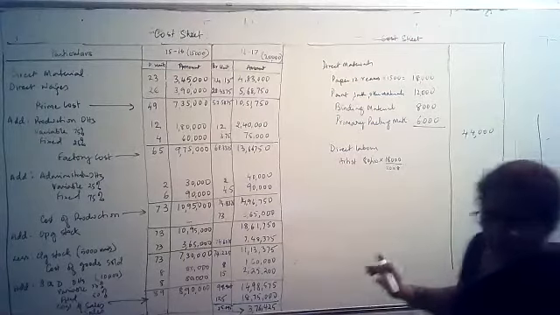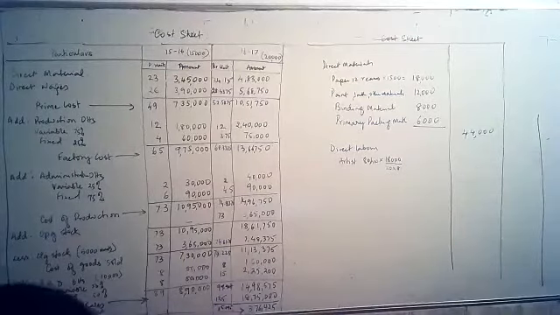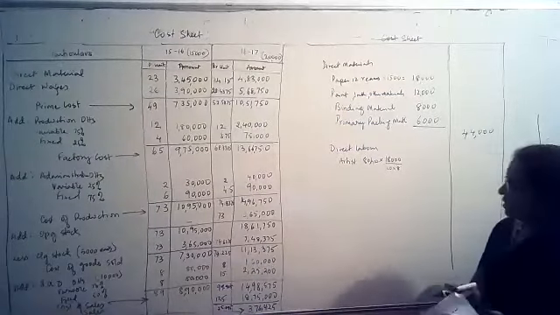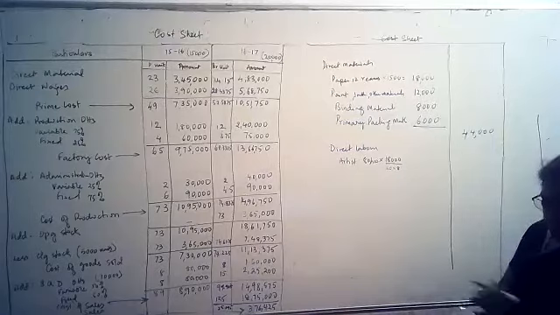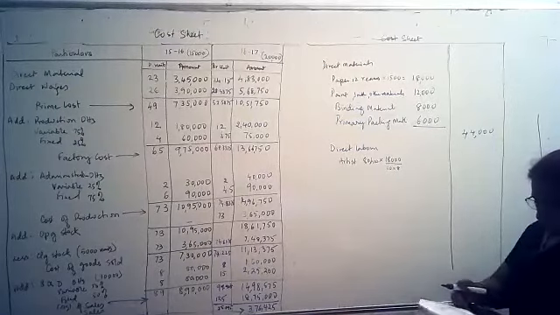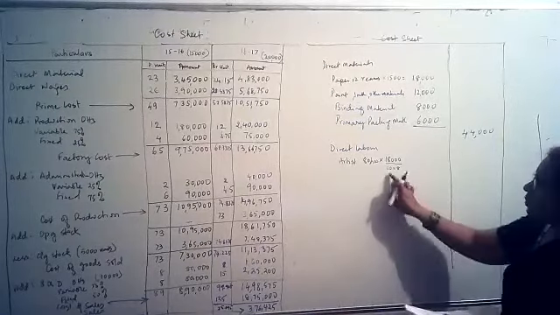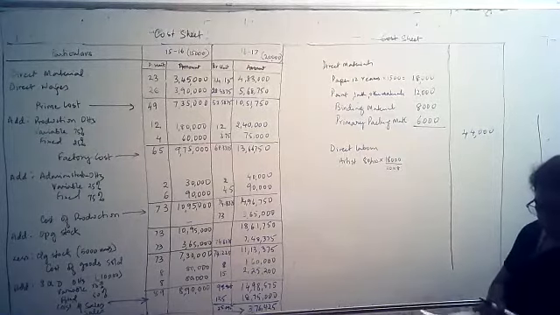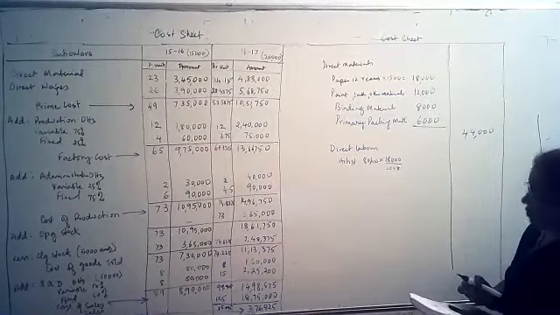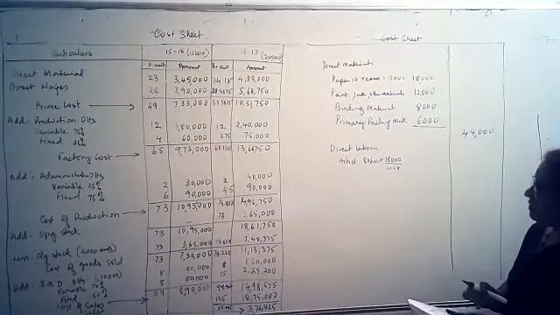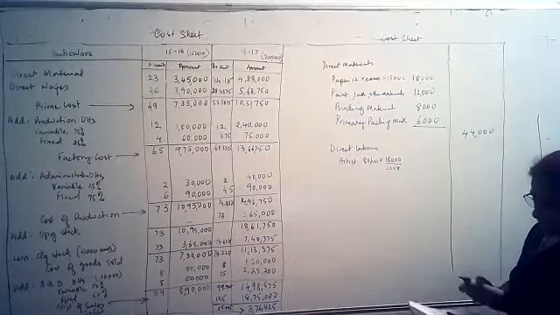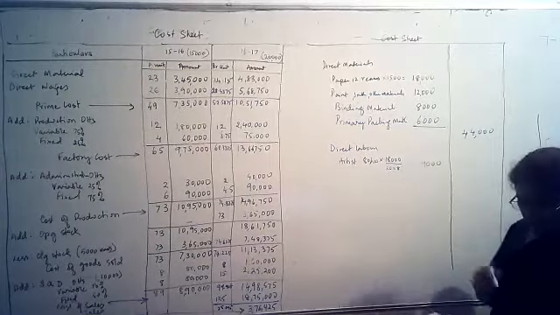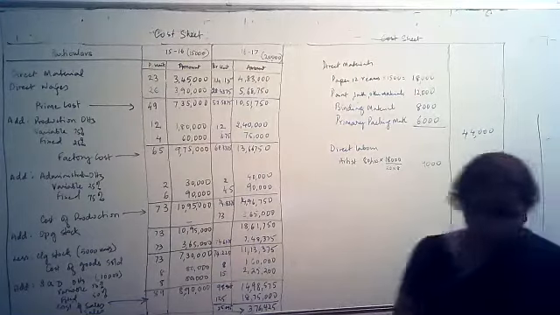Calculate and find out. 18,000 divided by 20 into 8, that is 160, multiplied by 80 hours. So it is 9,000. Correct? This is 9,000. Next one.